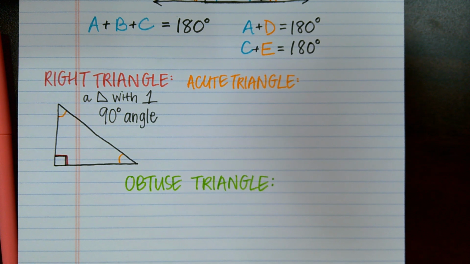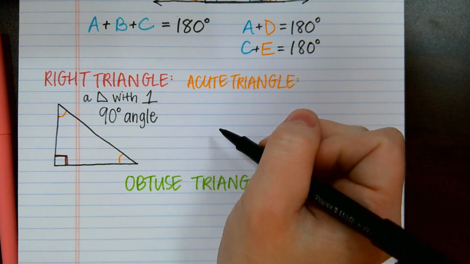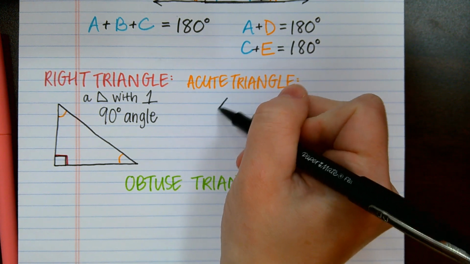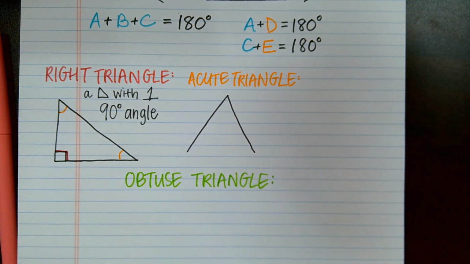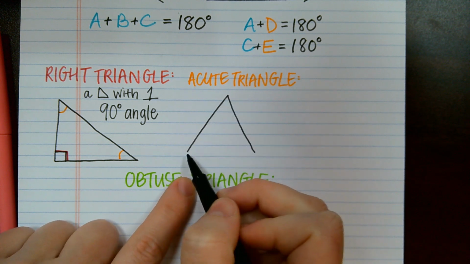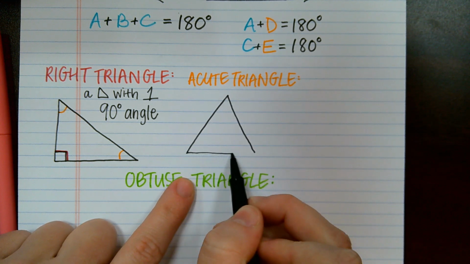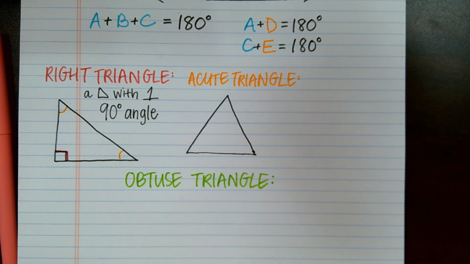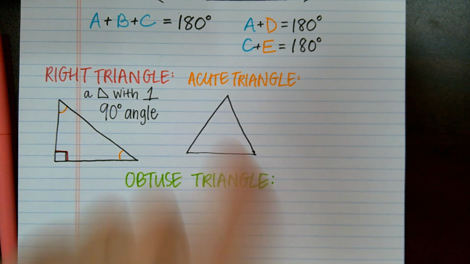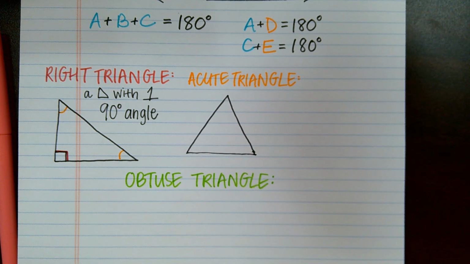Now, acute triangle. Let's start by drawing an acute angle. So that's just an angle that's less than 90 degrees. And then I'm just going to connect those ends there. So an acute triangle is a triangle that is made up of 3 acute angles.